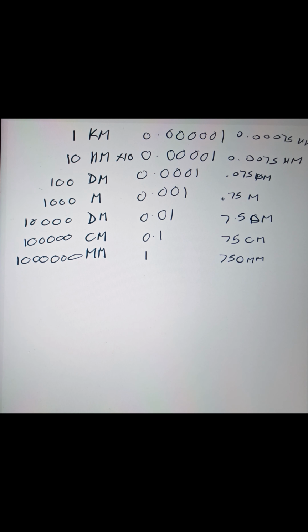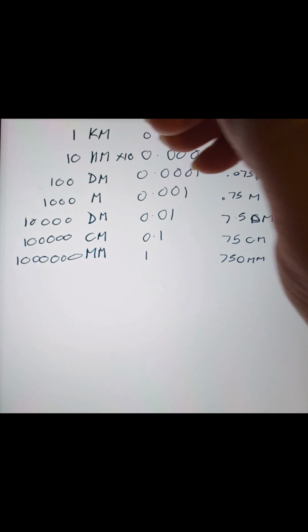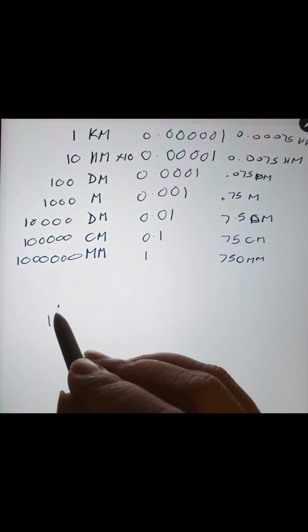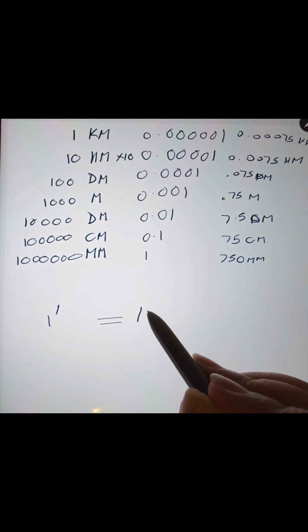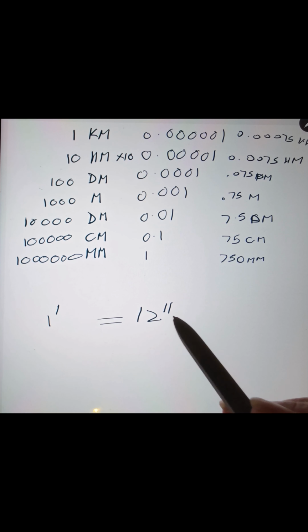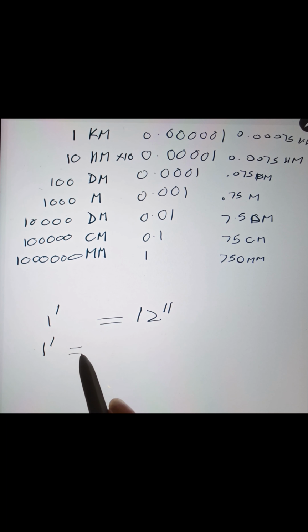Now let's do a conversion of our imperial system, which is feet and inches. When we talk about feet inches, 1 foot, this is how we denote a foot, is equal to 12 inches. This is how we denote inches. 1 foot is also equal to 300 mm.